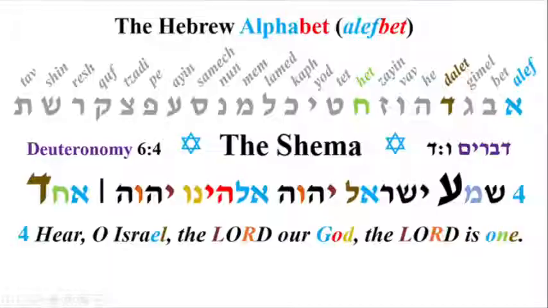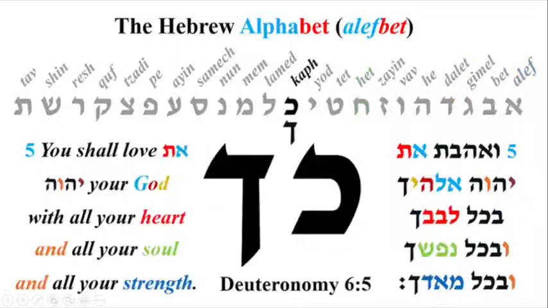This is Deuteronomy 6:5. Deuteronomy 6:5 follows the Shema. Okay? The Shema, remember, Hear, O Israel, the Lord our God, the Lord is one. The next verse is, you shall love the Lord your God with all your heart, with all your soul, with all your strength. There's lots of yours in this one, so I want you to read this one.